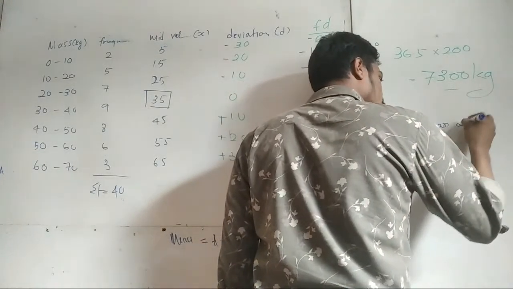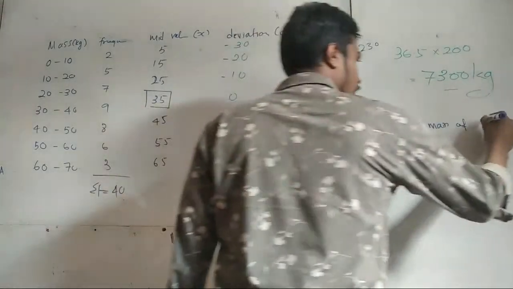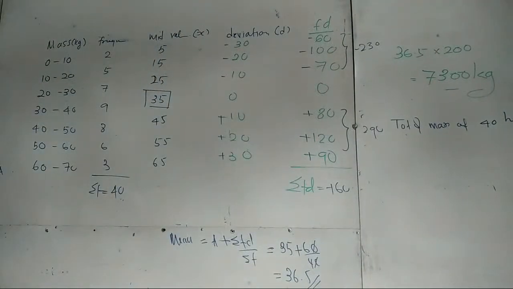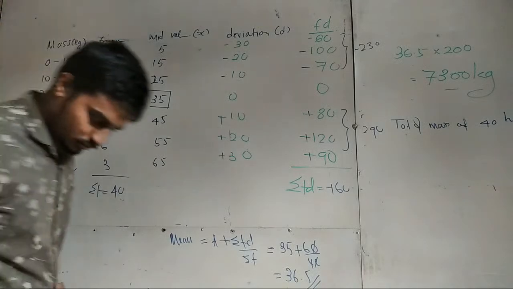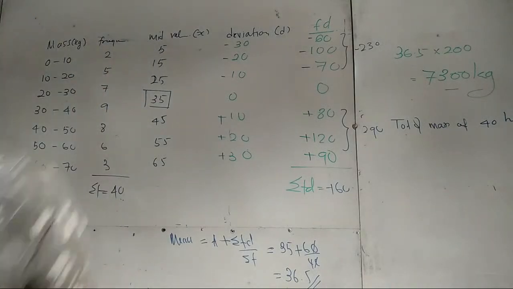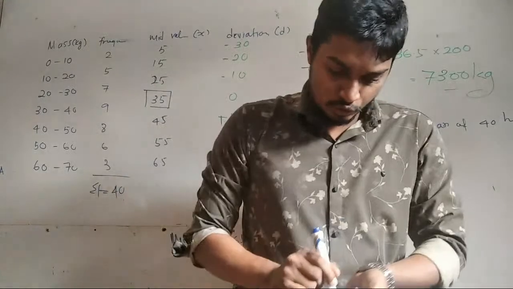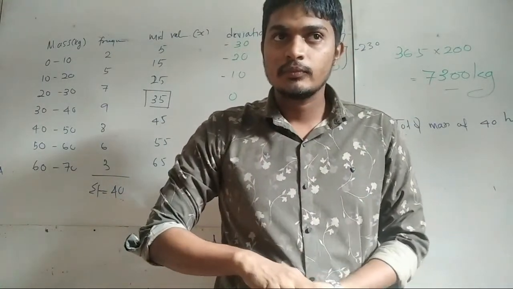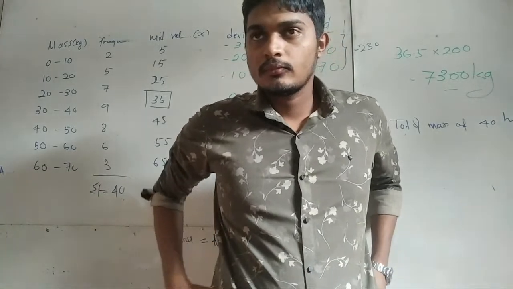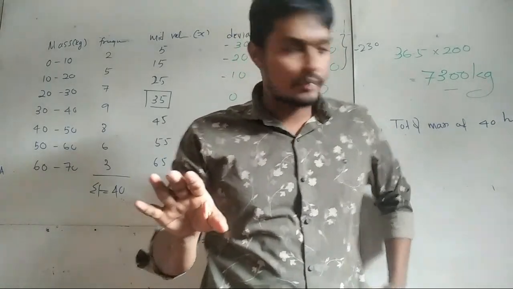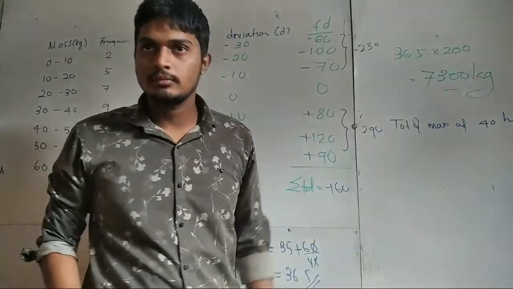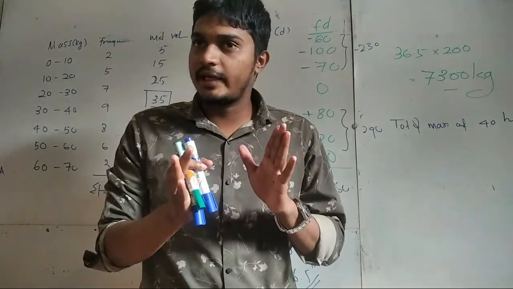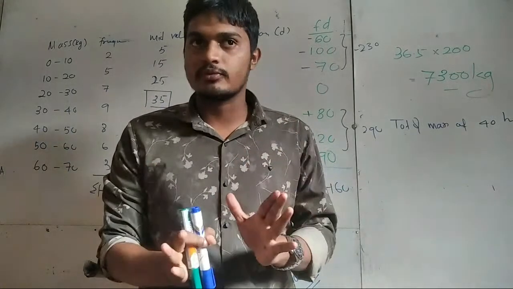Total mass of 40 bags. Please understand the problem. Each bag has an average weight of how much? 36.5. Now, a lorry can only sustain how much? 1500 kilograms. That's the main point.